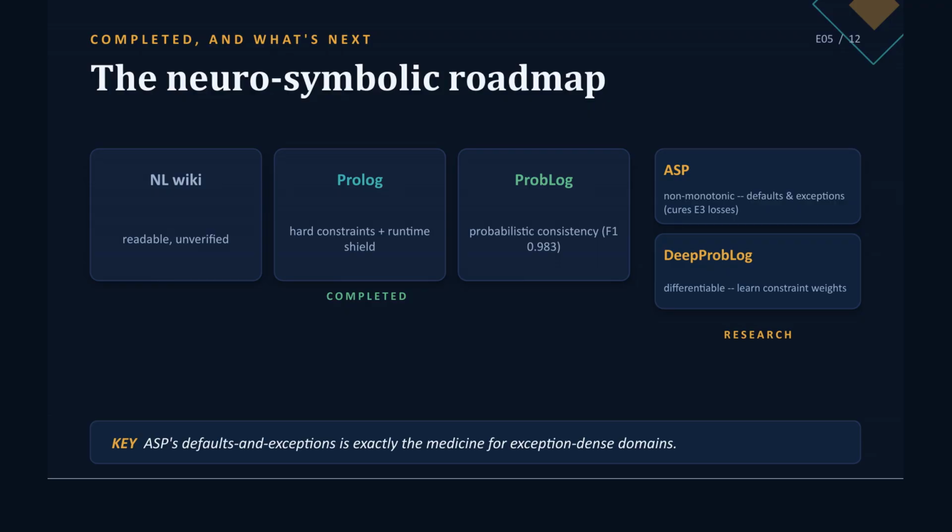Answer set programming, with its non-monotonic logic of defaults and exceptions, and notice, this is exactly the medicine for those exception-dense domains where the wiki lost to plain retrieval back in episode 3. And deep ProbLog, which makes the logic differentiable, so the constraint weights can be learned end-to-end instead of set by hand. The direction is clear: deeper and deeper fusion of the neural and the symbolic.